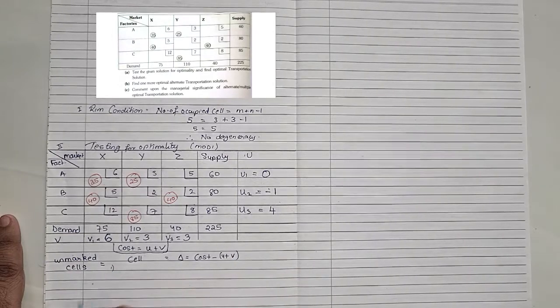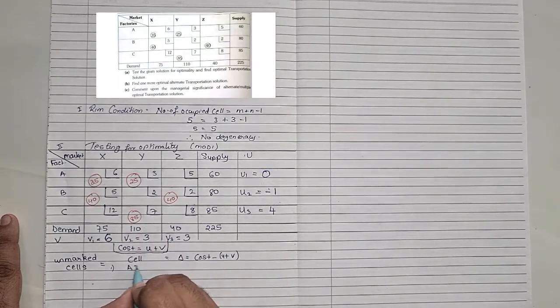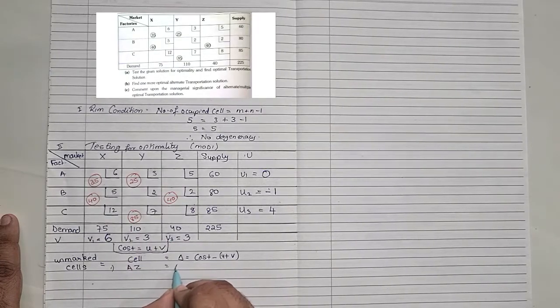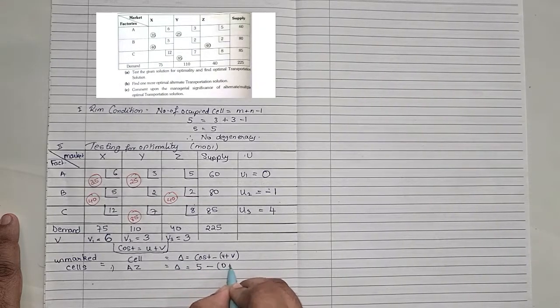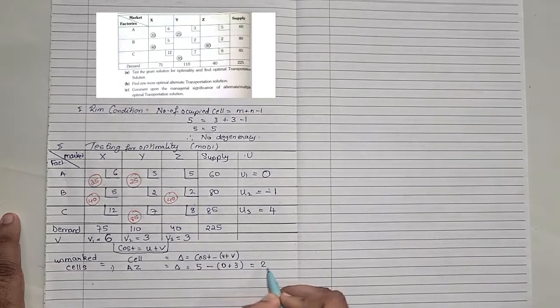Now which are the unmarked cells? First is AZ, where the change is cost, which was 5, minus U plus V. So 5 minus 3 is 2.